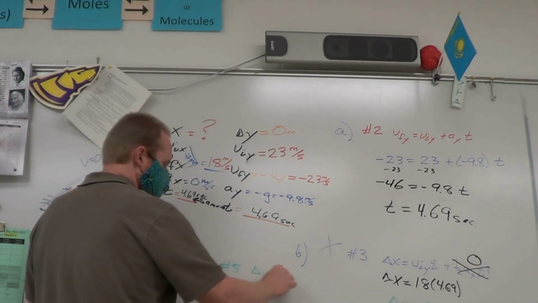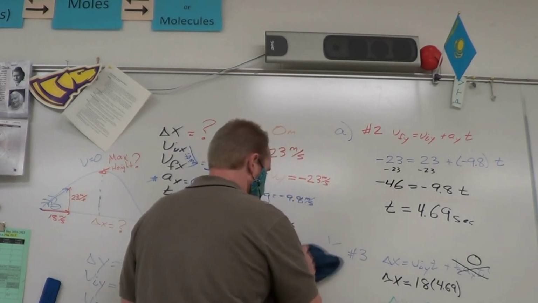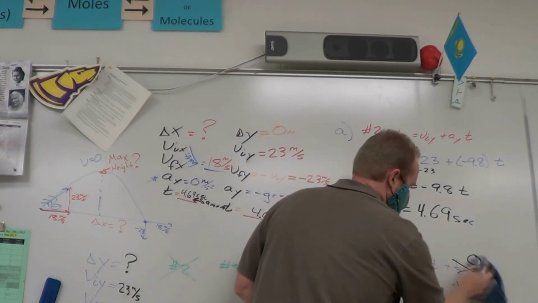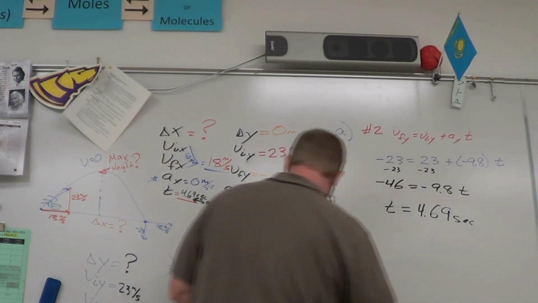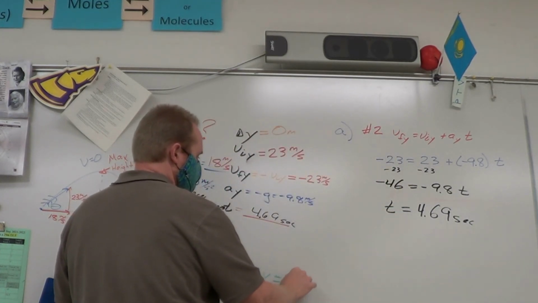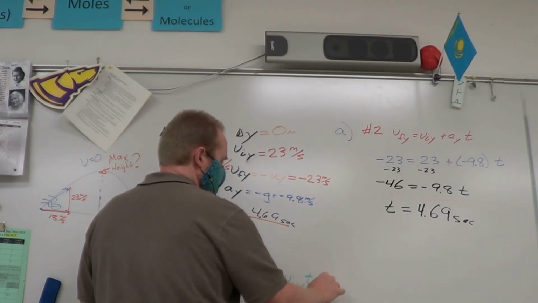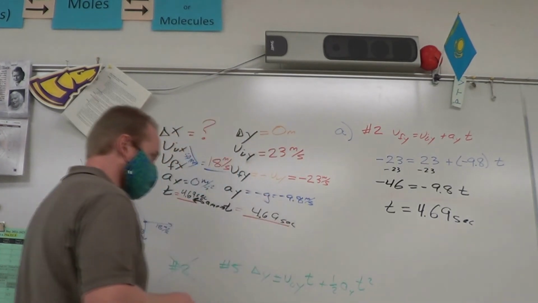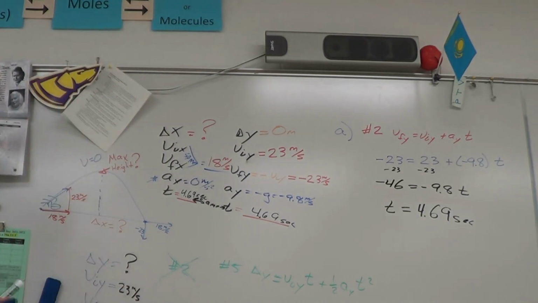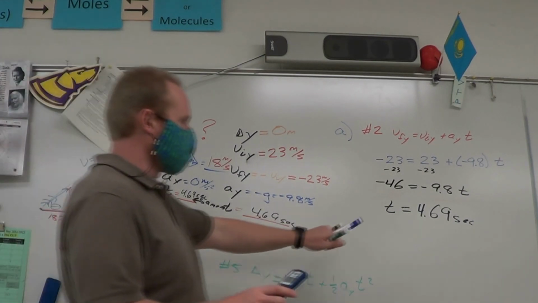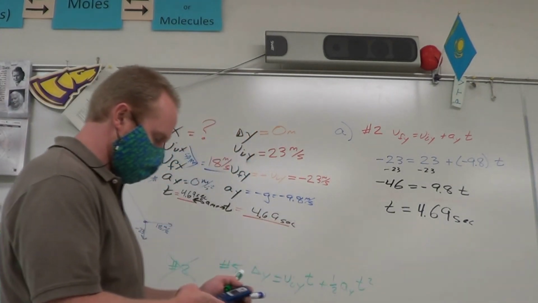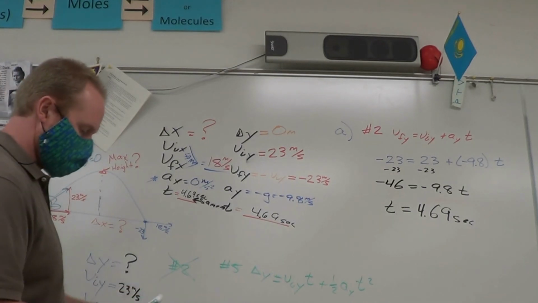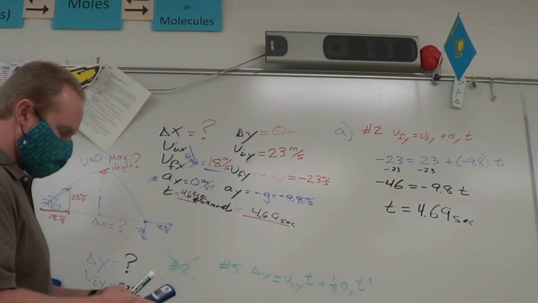Delta y is equal to VIY times t plus 1/2 AYT squared. Now, because I'm going to use my time function again, I'm actually going to go back to this and get all my decimals back so I can use that again in a little bit.